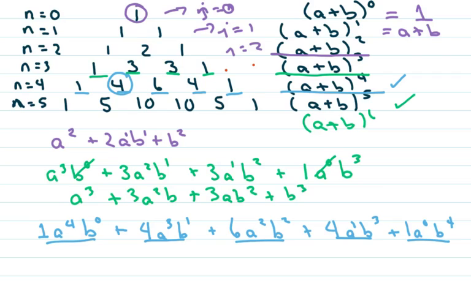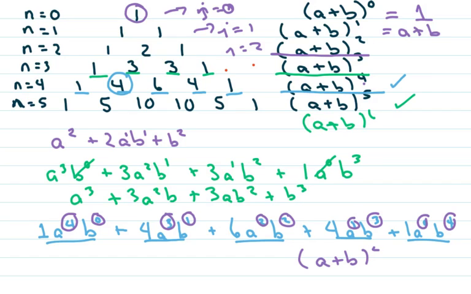Another thing to note is that when you add these two exponents, 4 plus 0, 3 plus 1, 2 plus 2, 1 plus 3, and 0 plus 4, they all equal the 4. And this one again was a plus b to the 4th. So that's how you would expand with simple things.